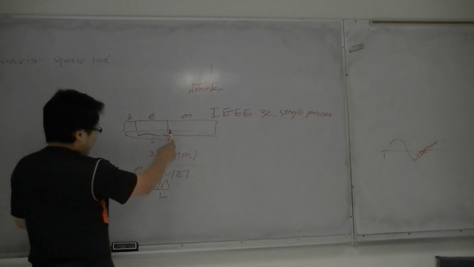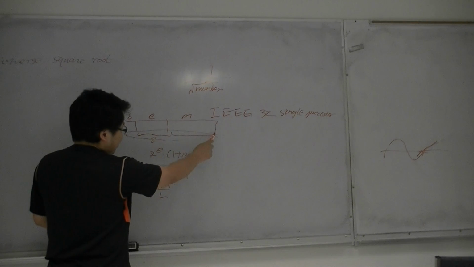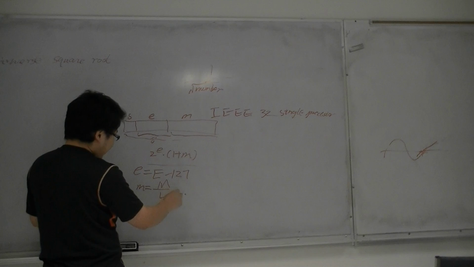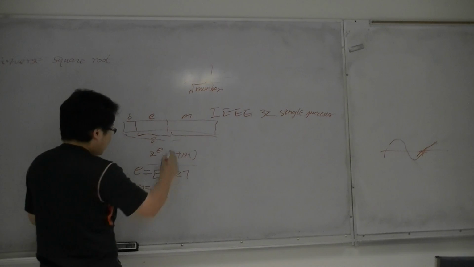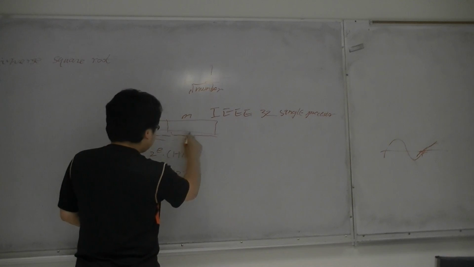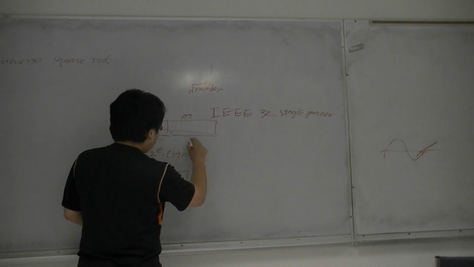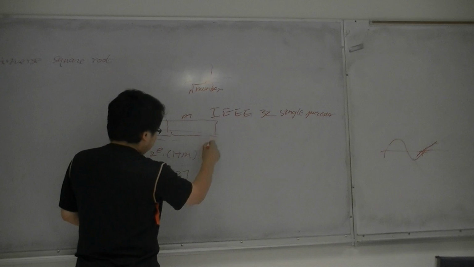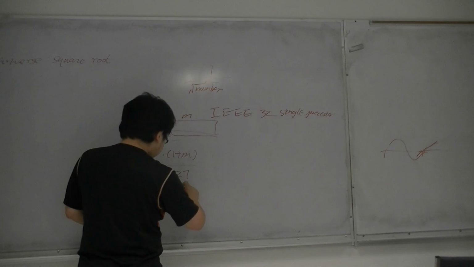M is equal to the upper M, which is this value in integer format and unsigned, and L is, for example, the biggest number of this minus 1.